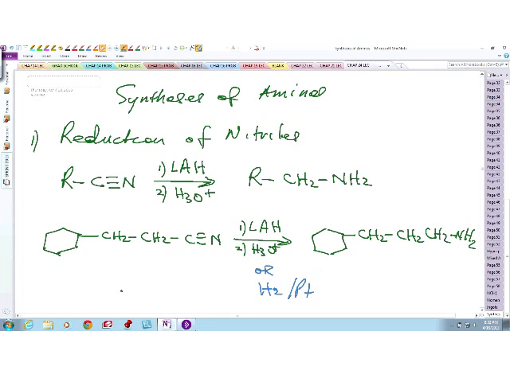Now, of course, we know how to make a nitrile. You could obtain this nitrile, for example, by an SN2 reaction, right? We all know that. SN2 reaction between a primary substrate and a cyanide, potassium cyanide or sodium cyanide.